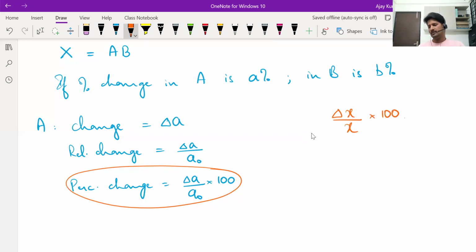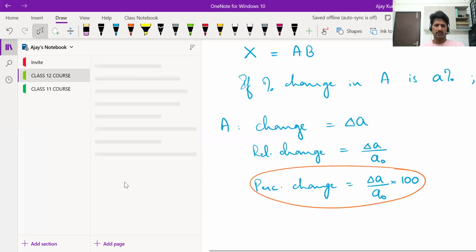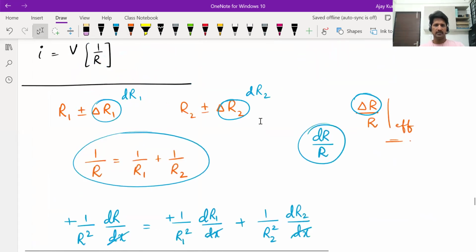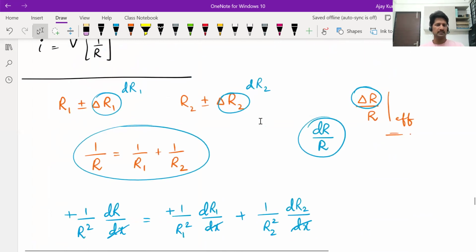Now I told you, whenever you have such changes or errors, yesterday in the last class we had discussed one question. They had given the errors in resistances R1 and R2, and they asked you to find out the error in the effective resistance.